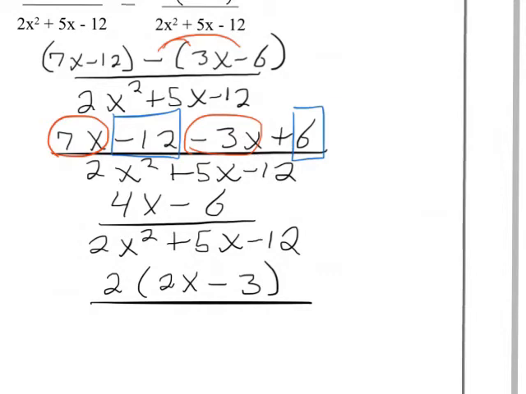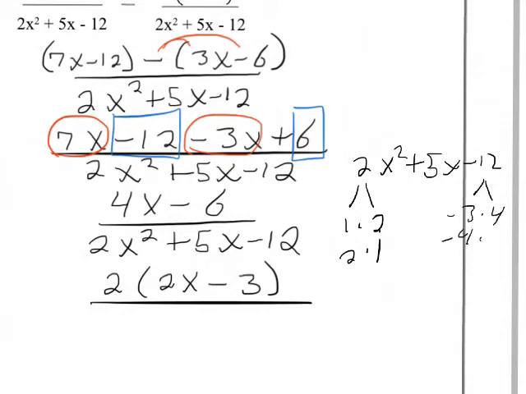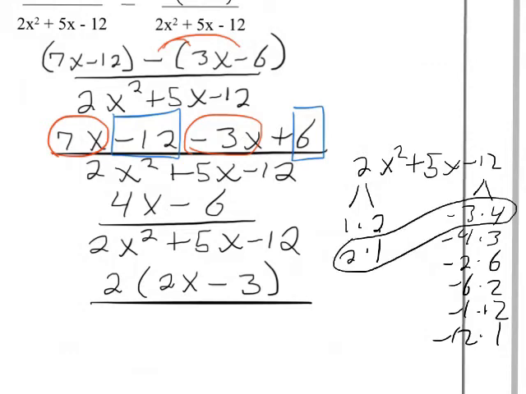So if I write 2x squared plus 5x minus 12, here's going to be 1 times 2, 2 times 1, and over here it's going to be negative 3 times 4, negative 4 times 3, negative 2 times 6, negative 6 times 2, negative 1 times 12, negative 12 times 1. Let's see which one of these is going to work. Looks like this choice right there is going to work.